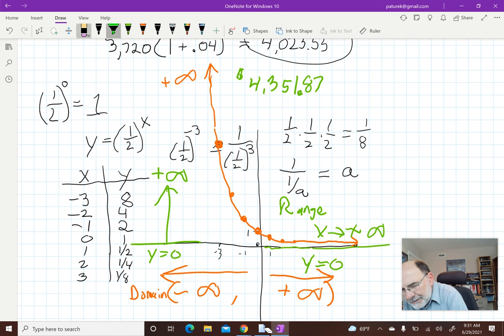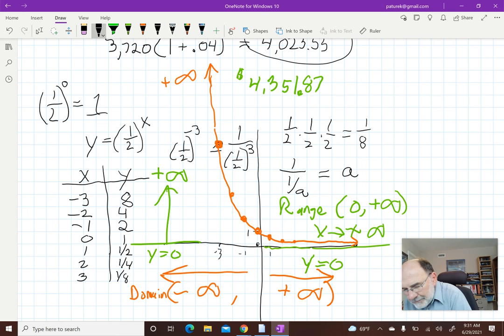I think it should be open parentheses, 0, comma, positive infinity. There's the range in this example of half-lives. The asymptote is y equals 0. The domain, set of all real numbers.